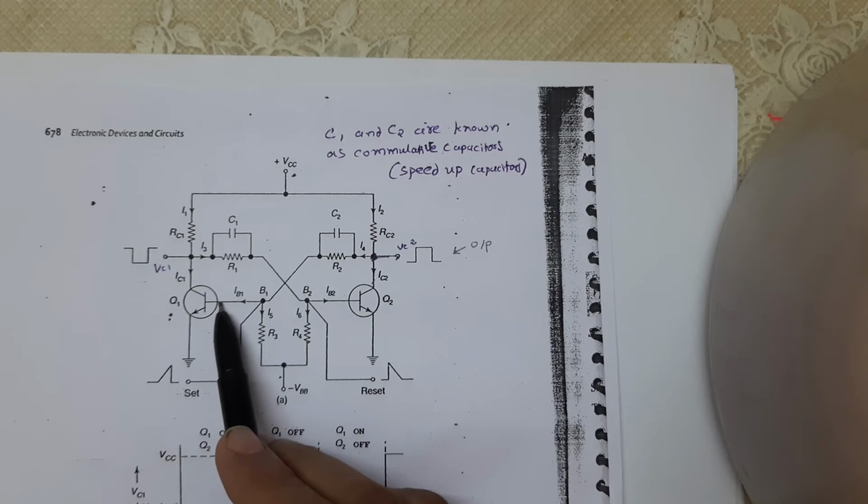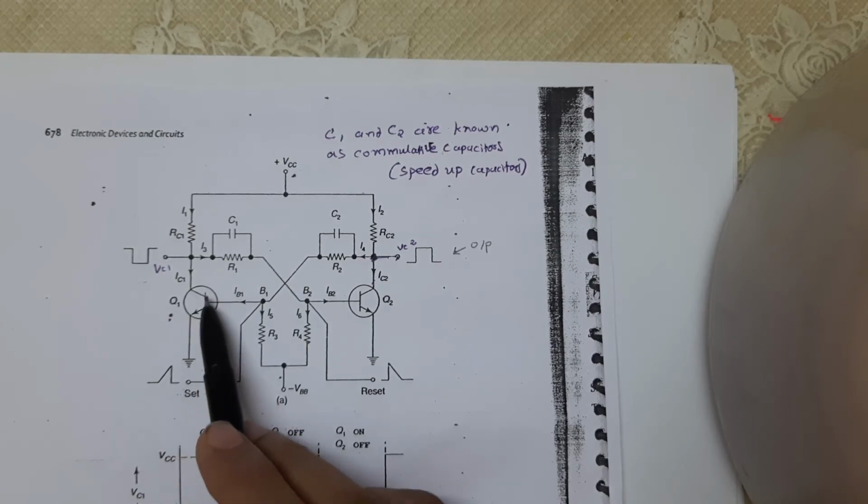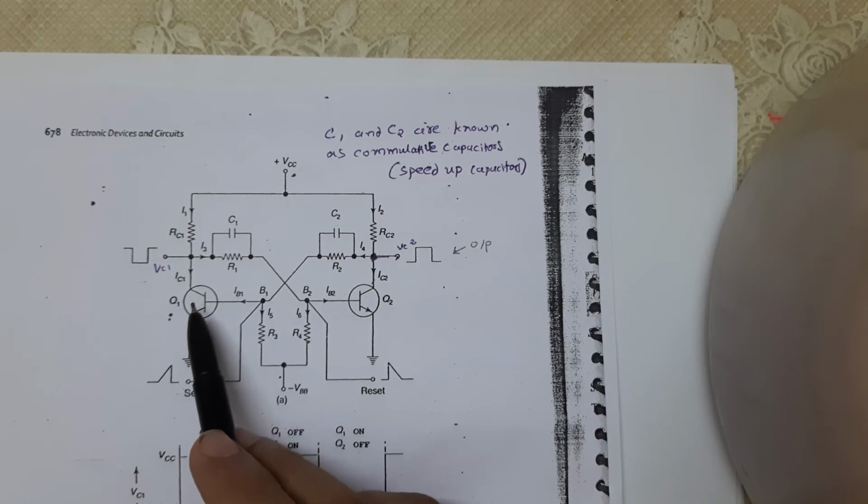If there is very little voltage, Q1 is in switched off condition, that means in cutoff condition.